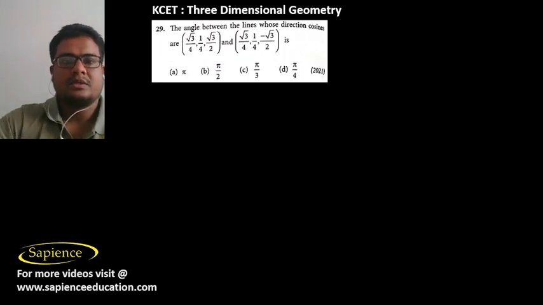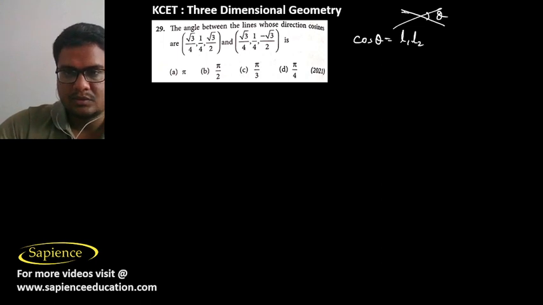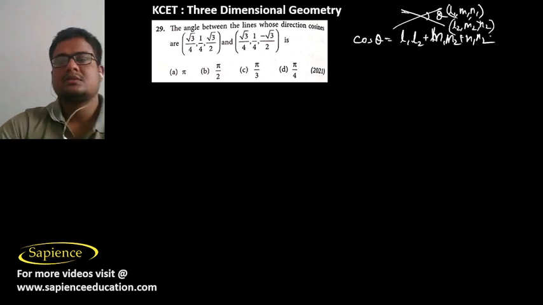Then in question number 29, it is told the angle between the lines whose direction cosines are these. The angle between the lines, if that is theta, then I can say cos theta will be equal to L1 L2 plus M1 M2 plus N1 N2, where L1 M1 N1 are the direction cosines along the first line, L2 M2 N2 are the direction cosines along the second line.